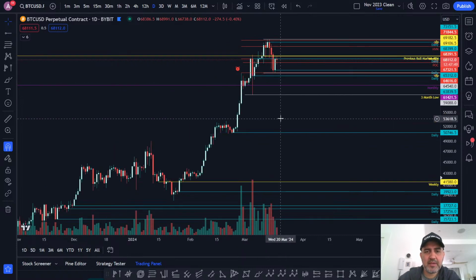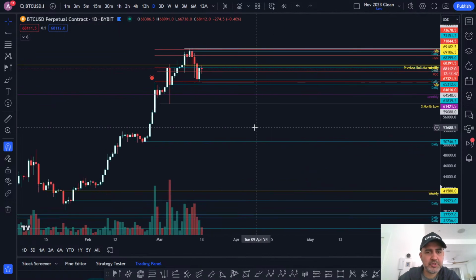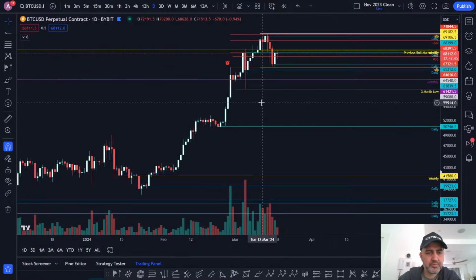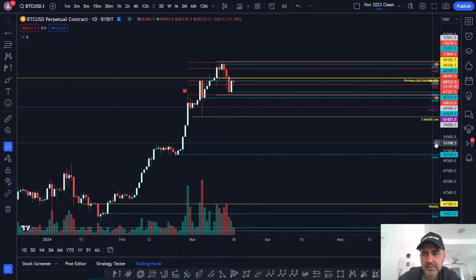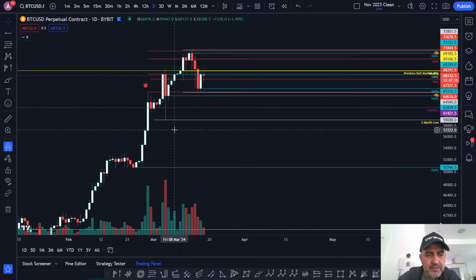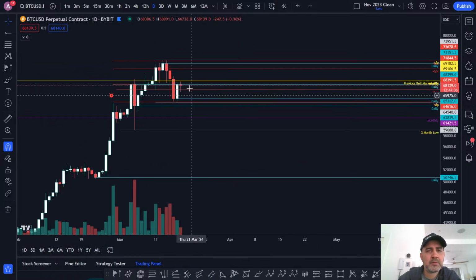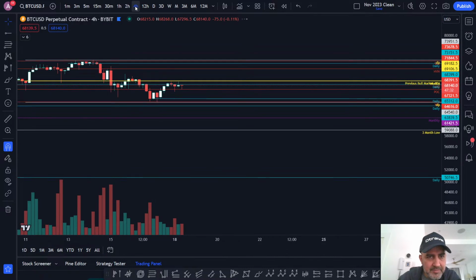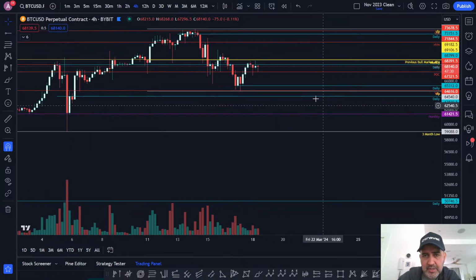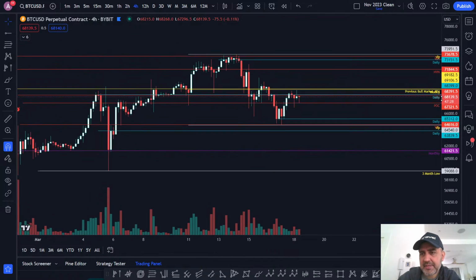Which is the pivot to beat to change market structure? Probably this one here, huh? This pivot. So we're still bullish on daily. Everything on the higher time frame, medium time frame is bullish. Okay, let me just have a look at this.